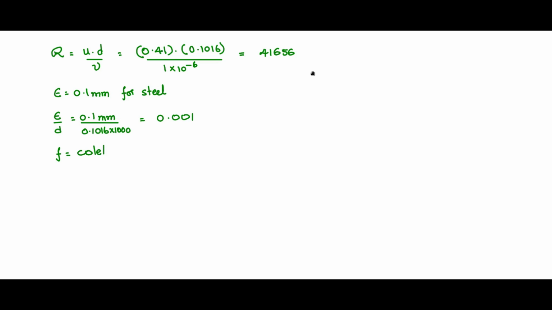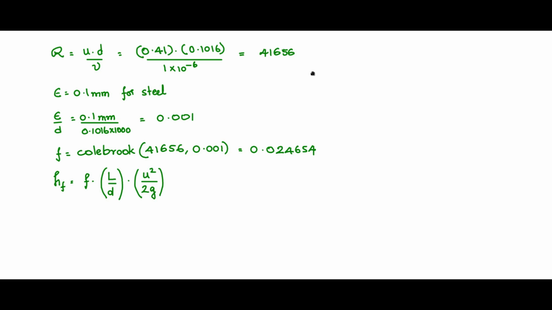Now the friction factor, using the Colebrook function that we created, we give the Reynolds number and the roughness ratio, and then you will obtain the friction factor 0.024654, and the head due to the friction loss is F into L by D into U square by 2G, 0.51 meters.